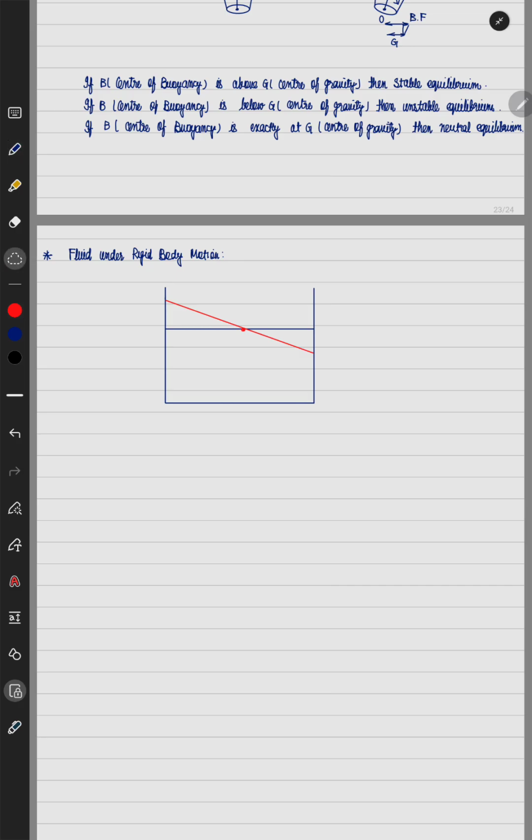Suppose the angle is theta. The shape of the surface is given by this red line, and initially the surface was given by this blue line, and this length is B. Suppose I want to roll this body, and the height of the liquid is HD. This height is HD.